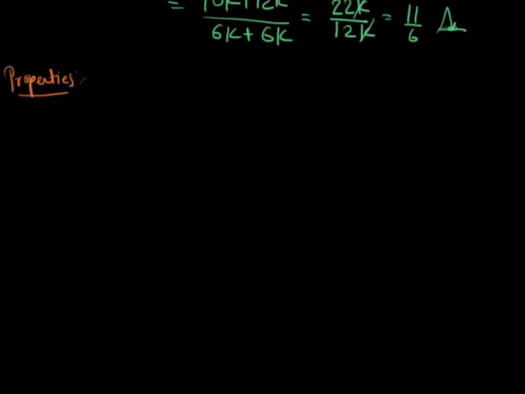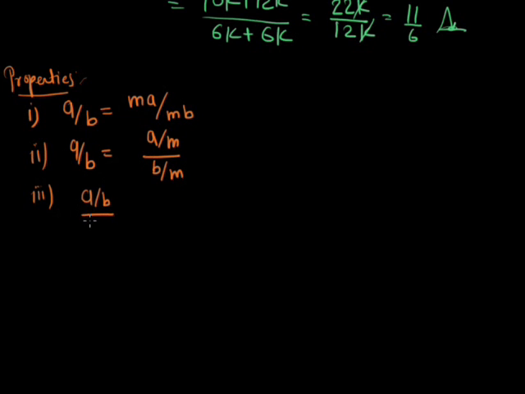The first is A upon B will remain no change if you multiply these by a constant. Second, A upon B will also remain no change if you divide these terms by a constant.